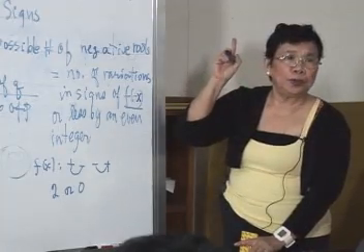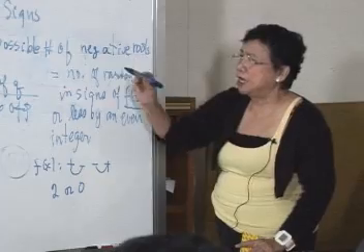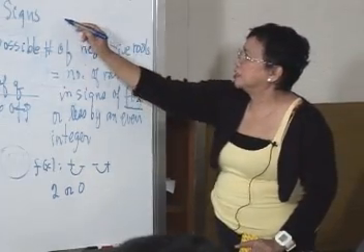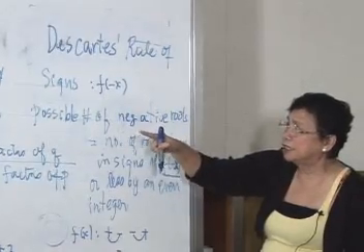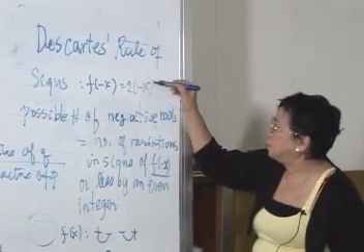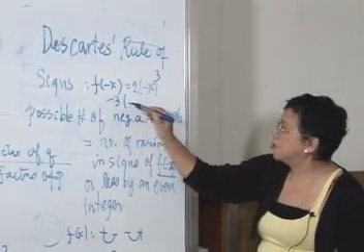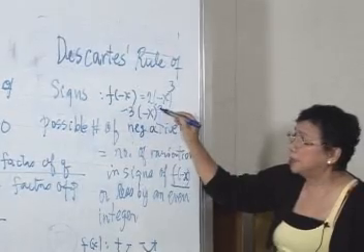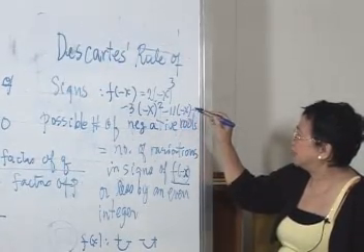Meaning, you produce the equation by replacing x by minus x. So, f of minus x will be 2 times minus x cubed minus 3 times minus x squared minus 11 times minus x plus 6.